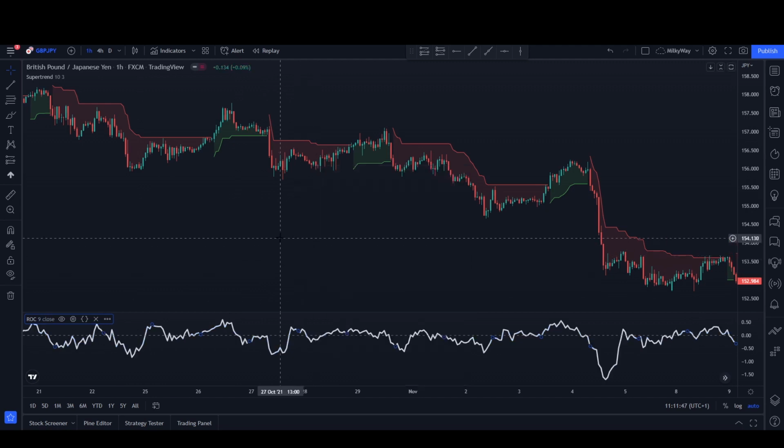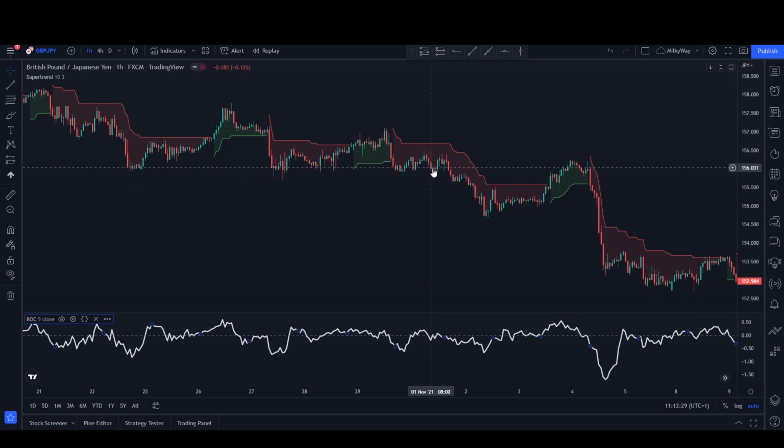So the strategy is when the SuperTrend is negative, we are looking for short positions, and when it is positive, we're looking for long positions. So for instance, here we've got the SuperTrend being negative for a couple of days. We're looking for short positions, and then we're looking at the rate of change. When the rate of change becomes negative, so it crosses that zero value downward, we go short.